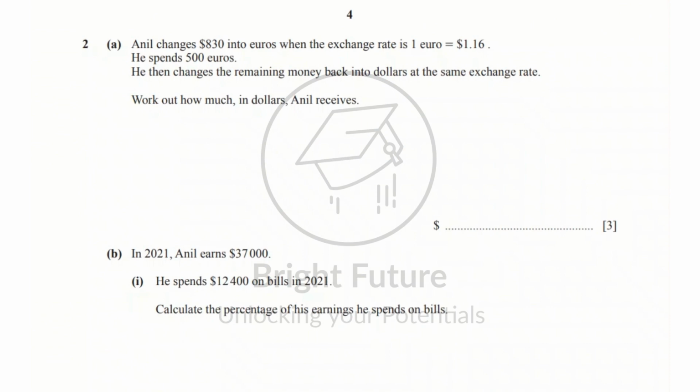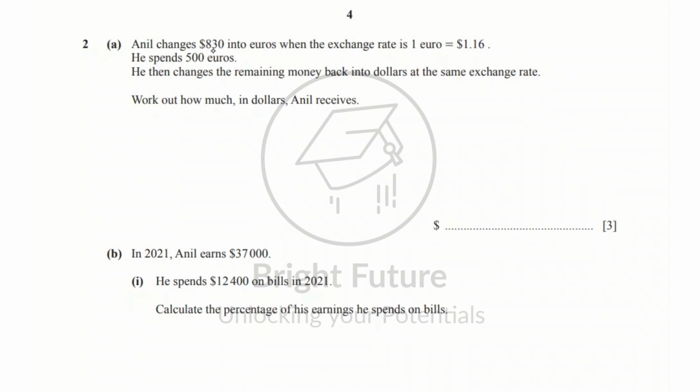Anil changes $830 into euros when the exchange rate for 1 euro was $1.16. He spends 500 euros. He then changes the remaining money back into dollars at the same exchange rate. Work out how much in dollars Anil receives.